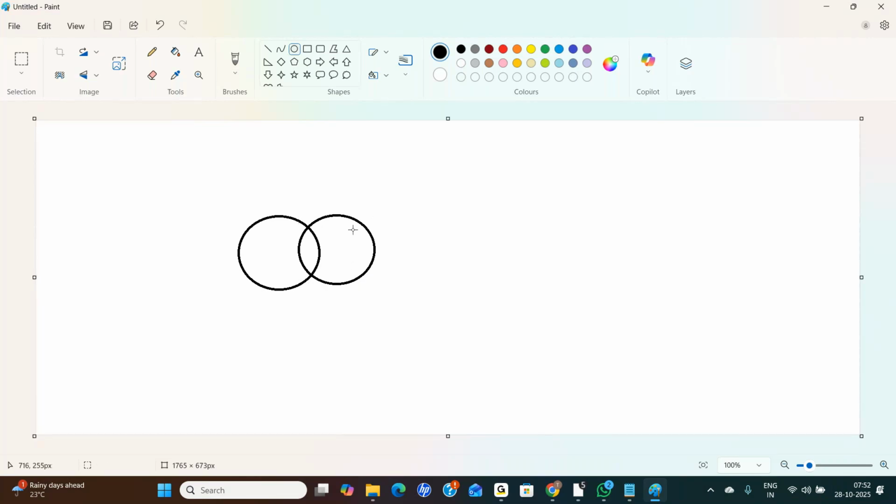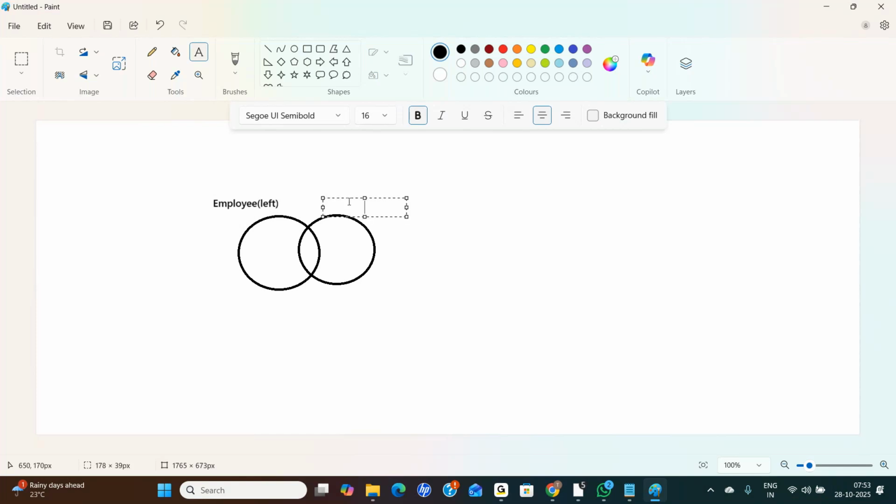If you consider this Venn diagram, this is the left table, named employee, bracket left. In the same way, this is department, and this is the right table.